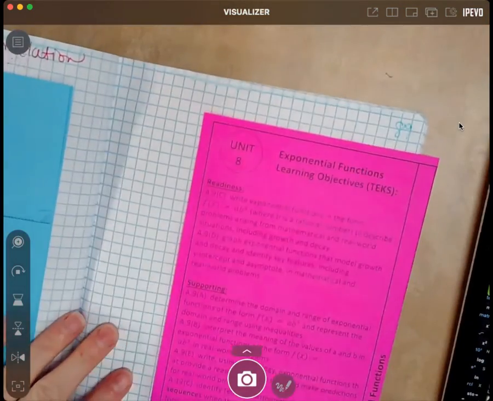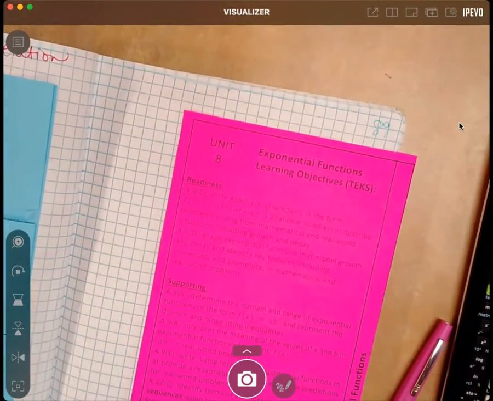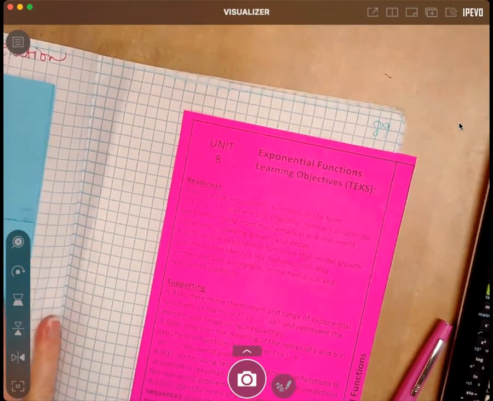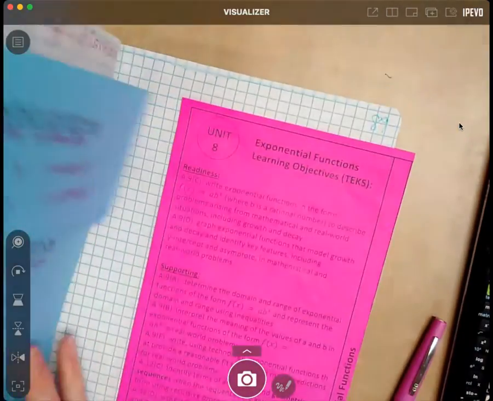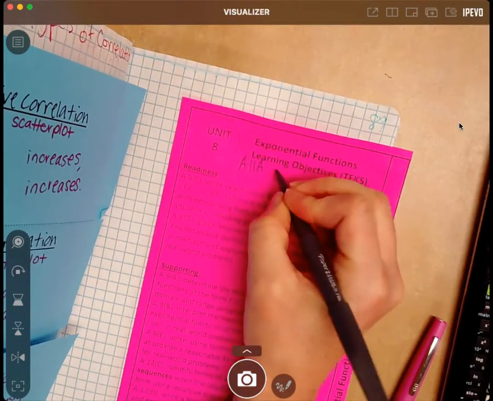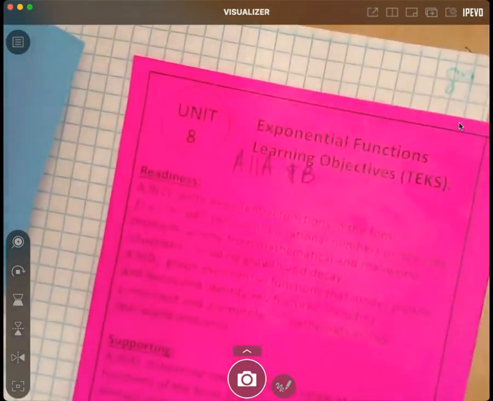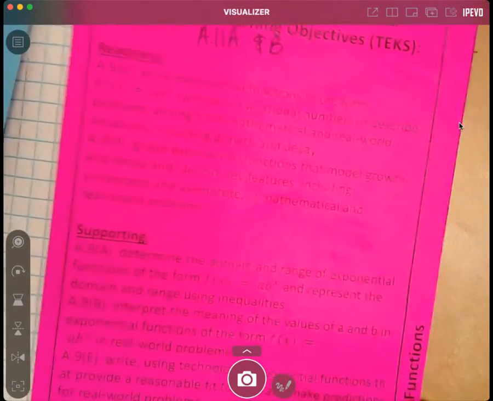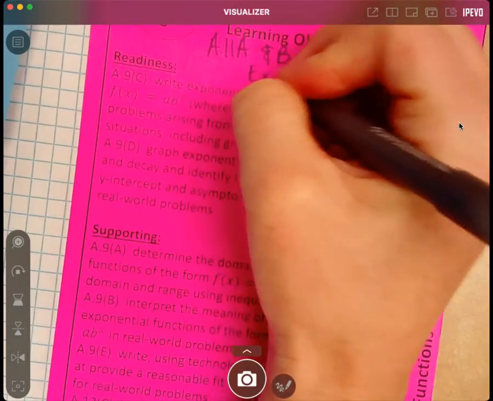So we are starting unit 8. We do have a few more skills in here that are not listed. They were left off. The skills that we are doing are A.11A and B, exponent rules. Oh, y'all cannot see that, can y'all? Is that a little better?